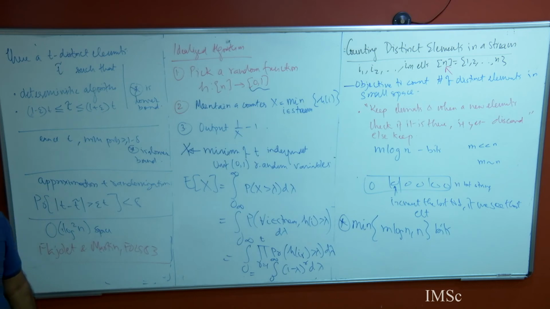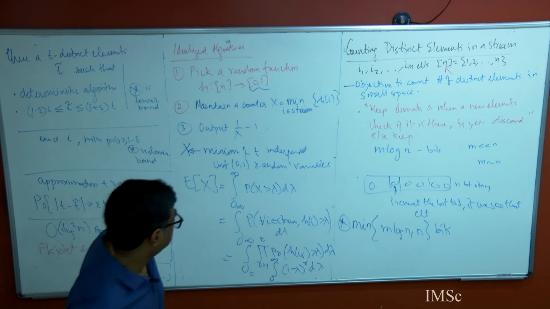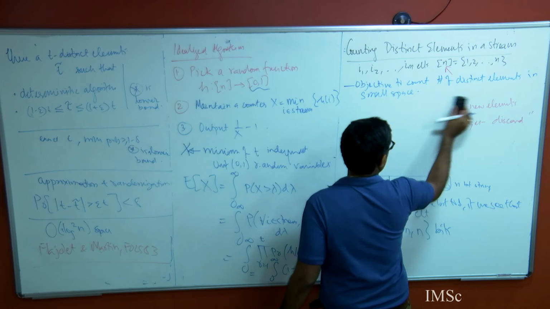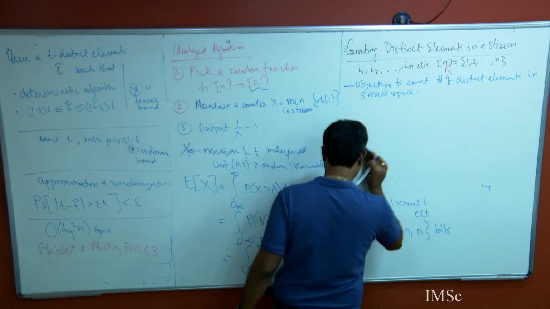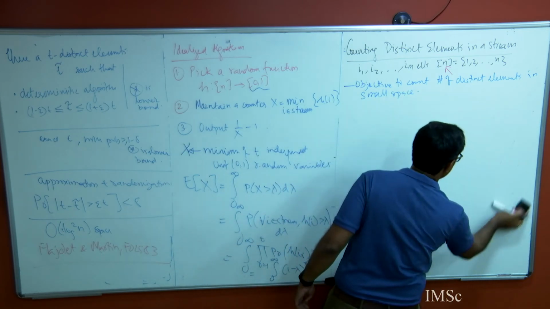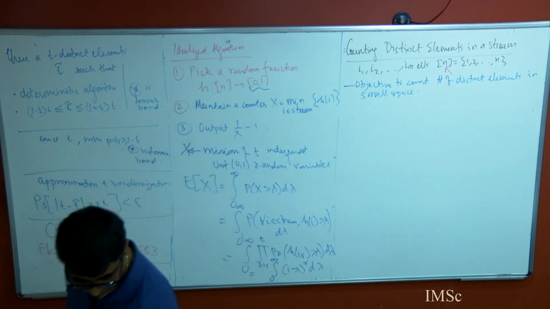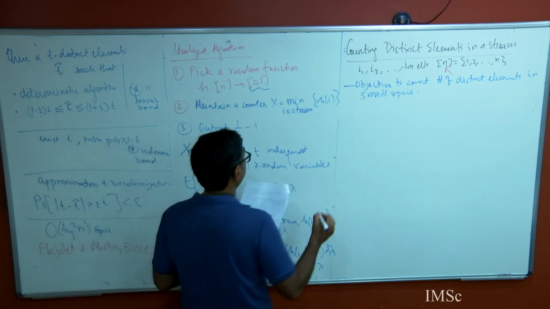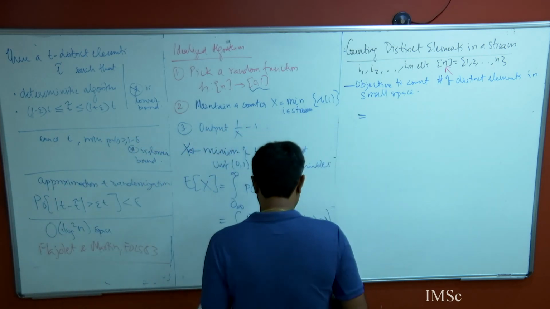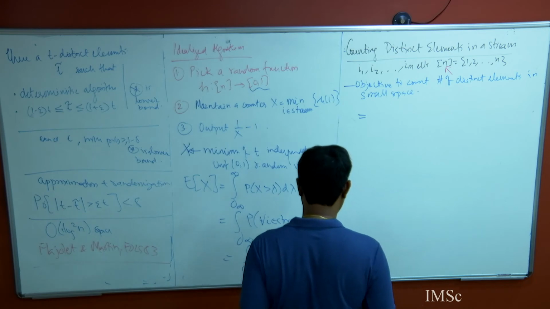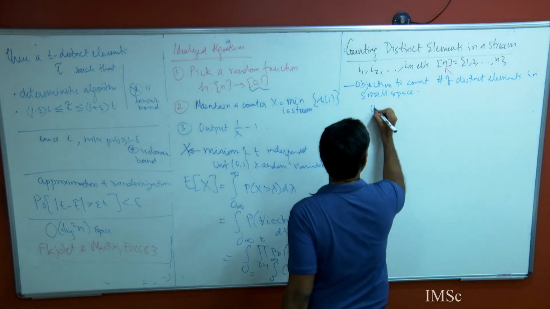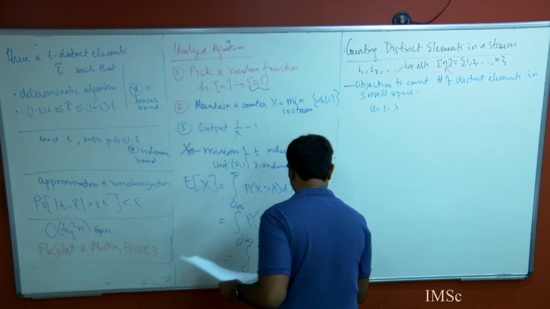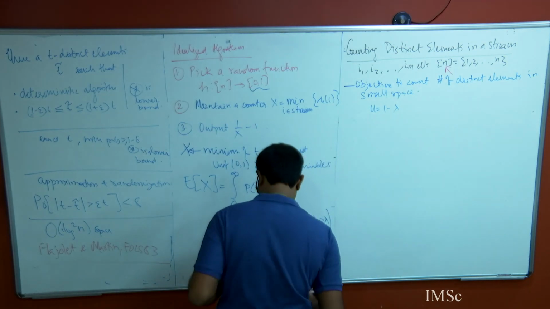Okay, so what will this be? Now you can do some substitution. If I substitute u equal to 1 minus lambda, then what will I get? No, this should not be lambda, it should be t.